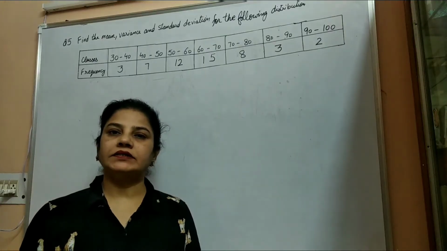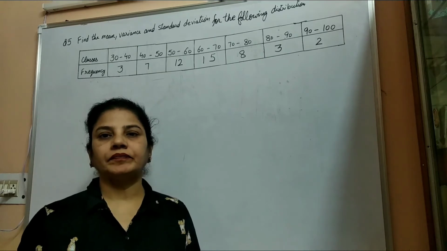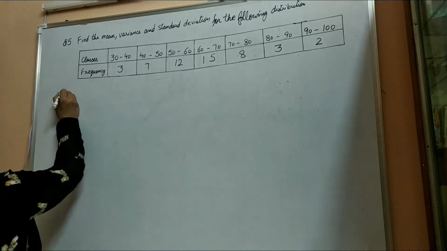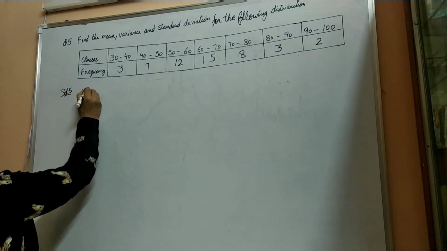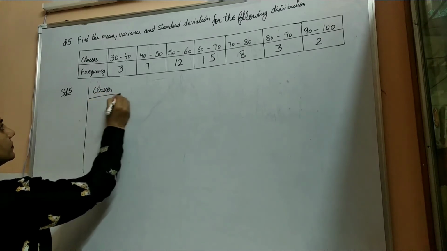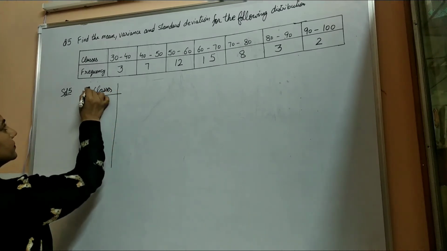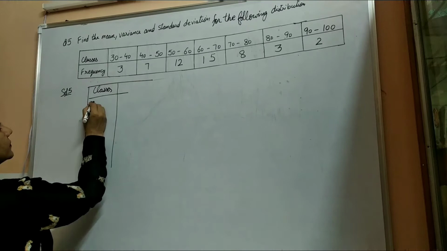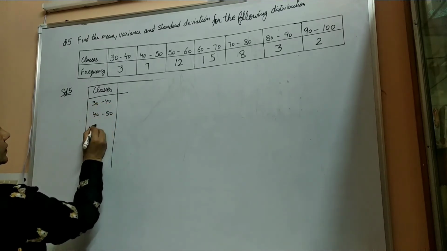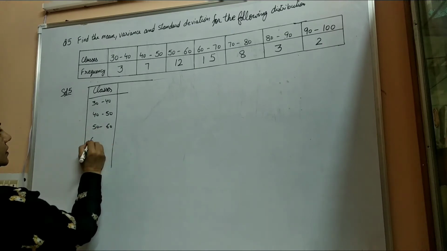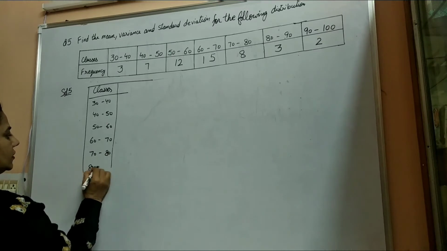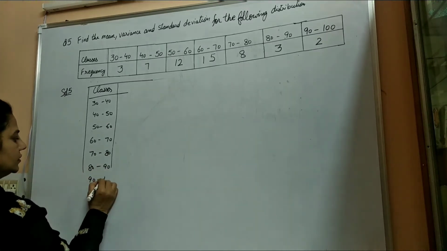Find the mean, variance and standard deviation of the data. We will find the mean by the step deviation method. The classes are 30 to 40, 40 to 50, 50 to 60, 60 to 70, 70 to 80, 80 to 90, and 90 to 100.